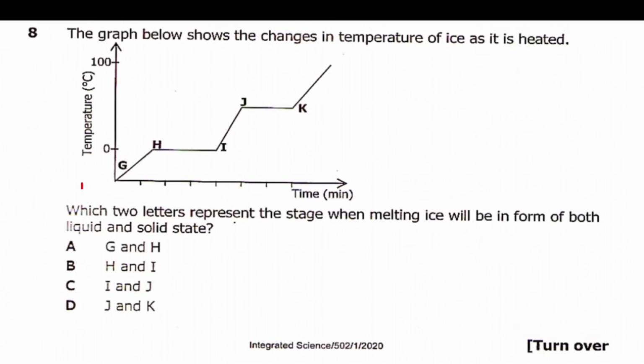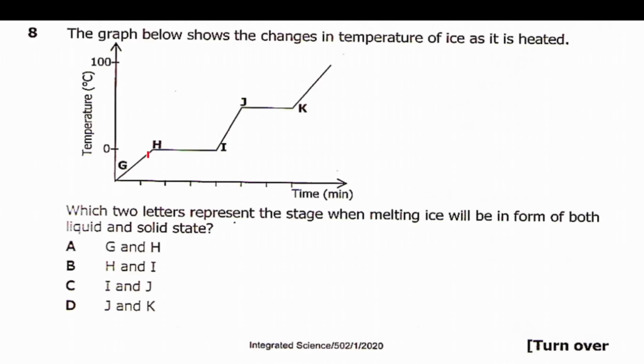So let's go to 8. The graph below shows the changes in temperature of ice as it is heated. Which two letters represent the stage when melting ice will be in the form of both liquid and solid state?